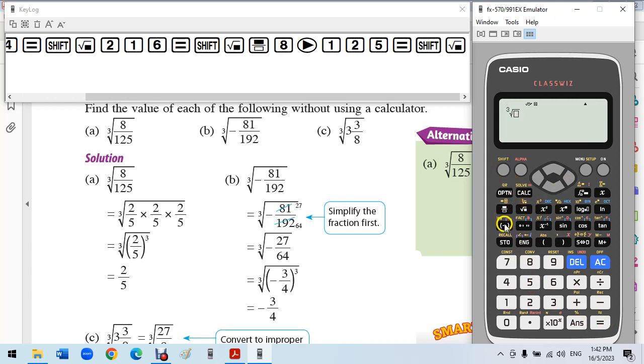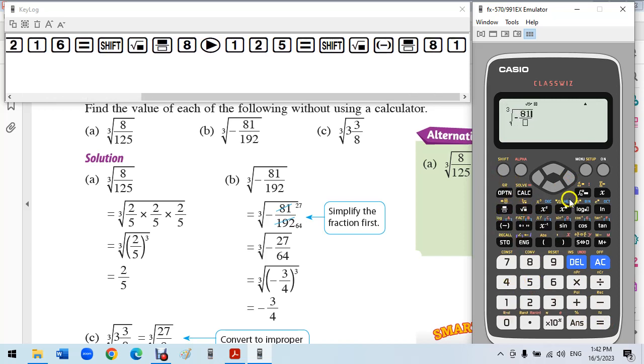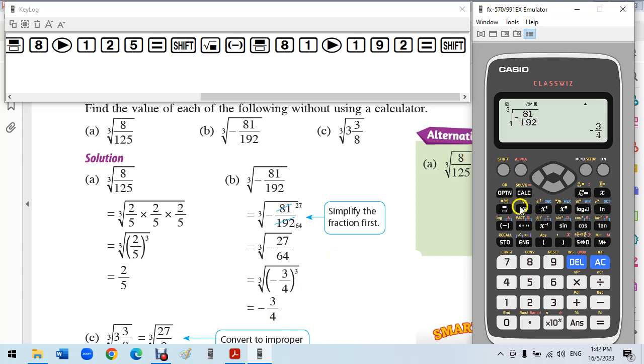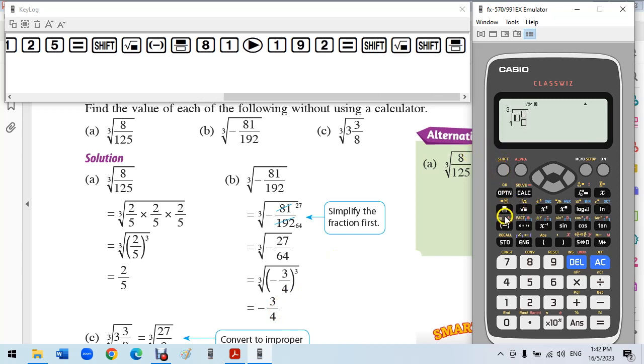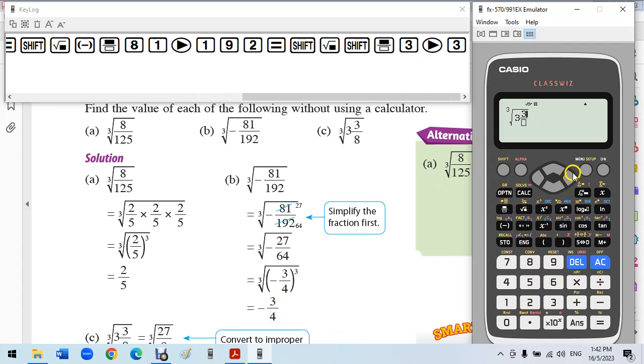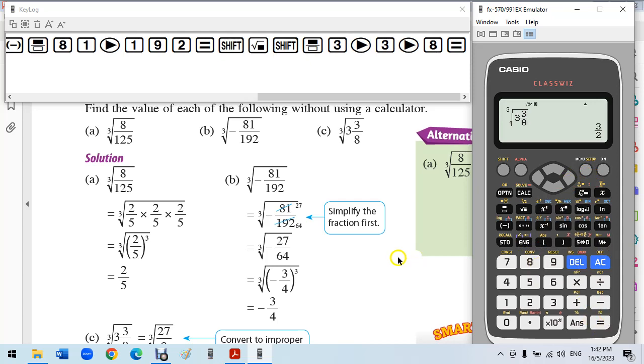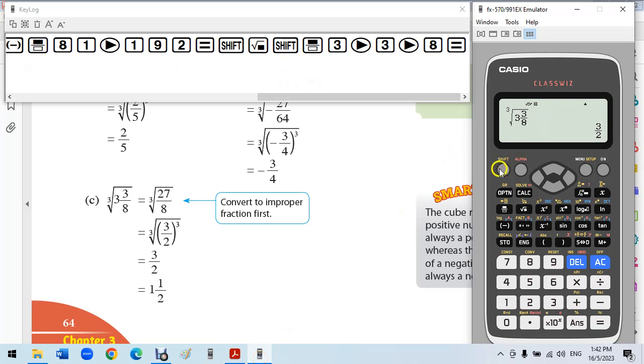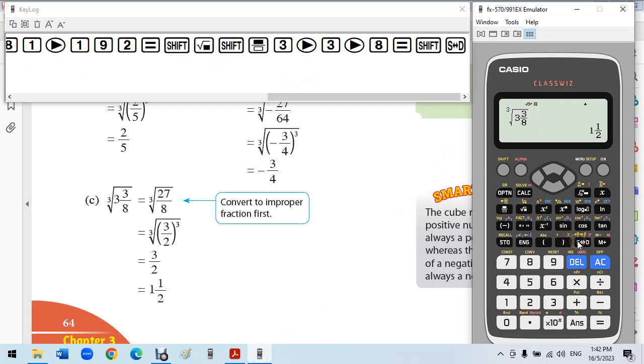Cube root of negative 81 over 192, negative 3 over 4. And then cube root of 3 and 3 over 8. Okay, so we have 3 over 2. Okay, 3 over 2 and press shift SD.